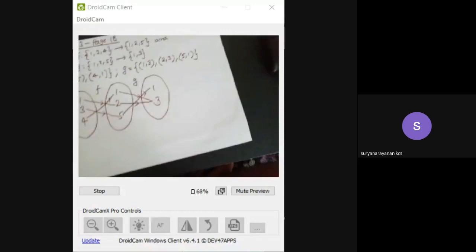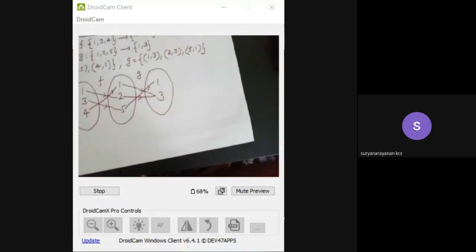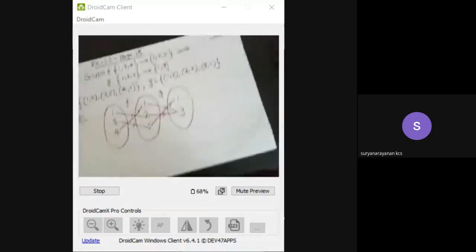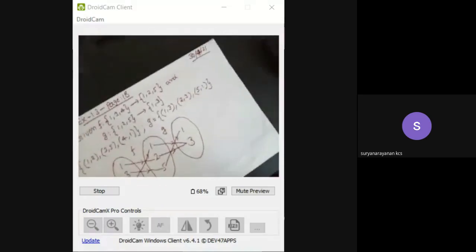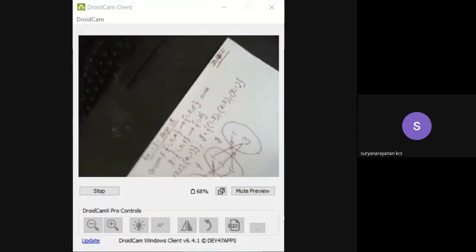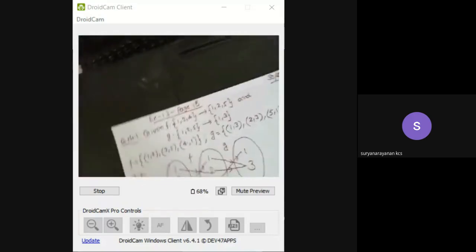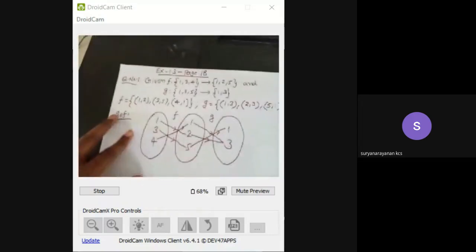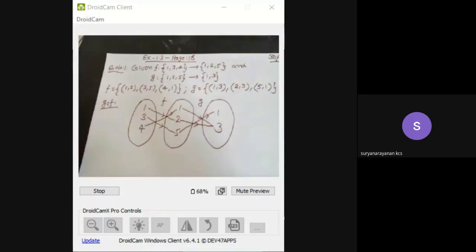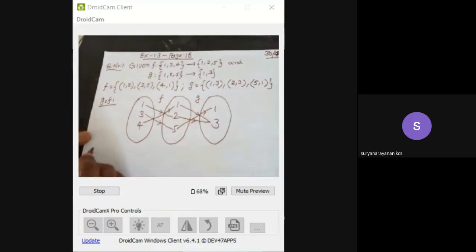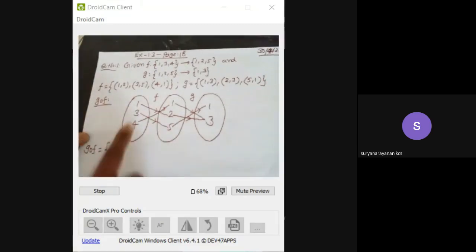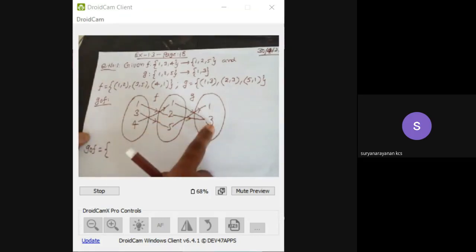See this arrow diagram, my dear children. Now tell me, G circle F. How do you write the ordered pairs? 1 is connected with 2 and 2 is connected with 3.